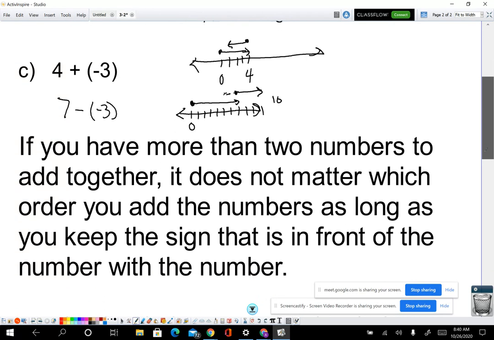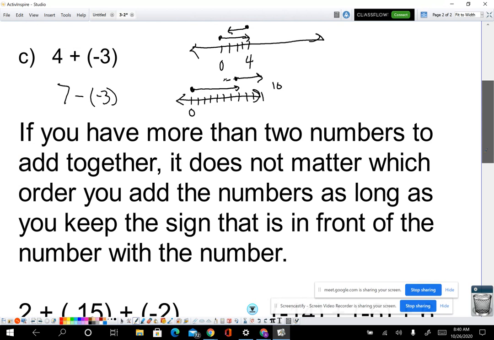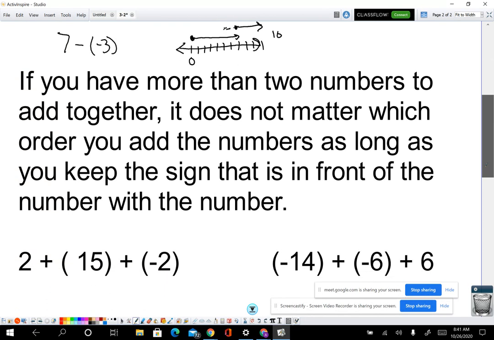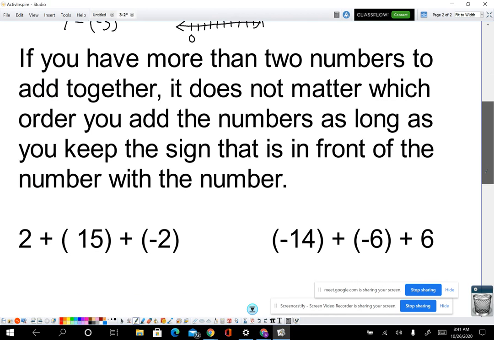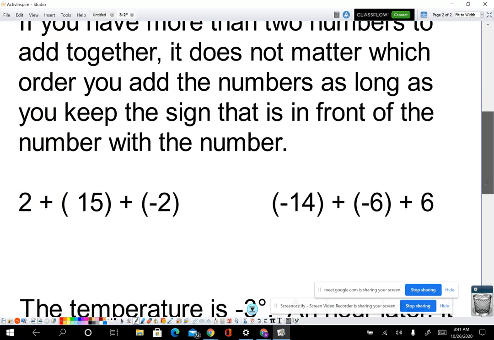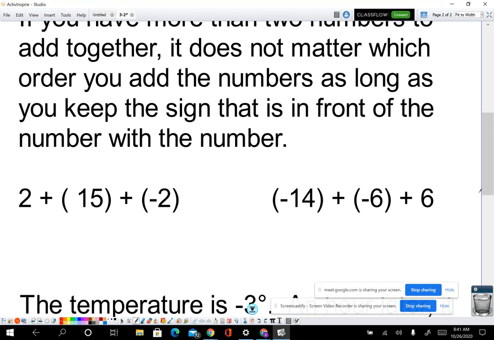So if you have more than 2 numbers that you're adding together, it doesn't matter which order you add the numbers, as long as you keep the sign that's in front of the number with the number. So in all of these cases here, I have the operation sign, and then I have the sign of the number, operation number.